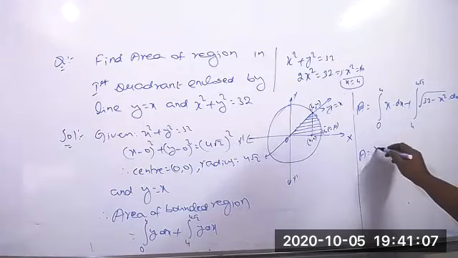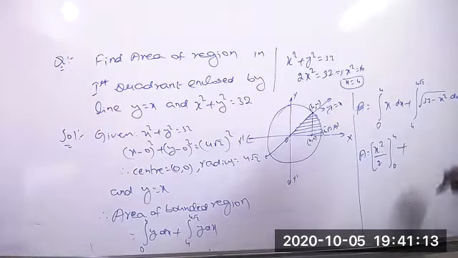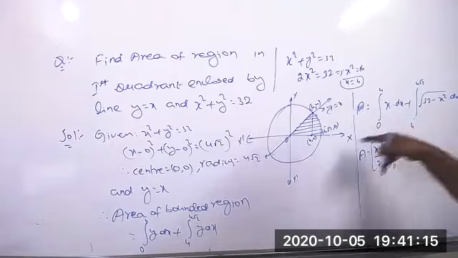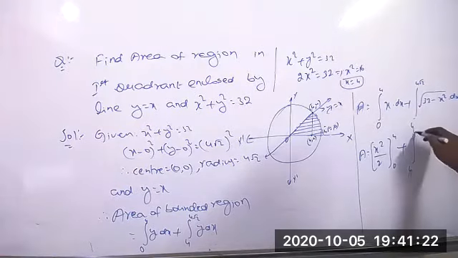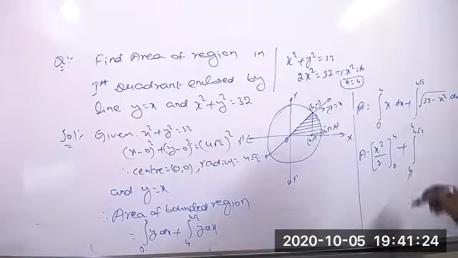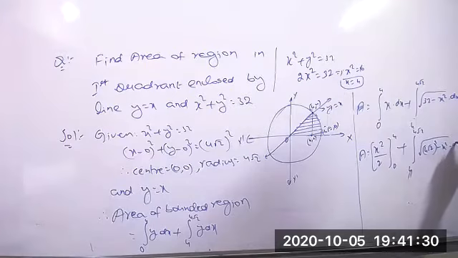Integration of x equal to x square by 2, the limits will be 0 to 4, plus, and 32 can be written as 4 root 2, the same radius we already took. So integration of 4 to 4 root 2, 4 root 2 whole square minus x square into dx.